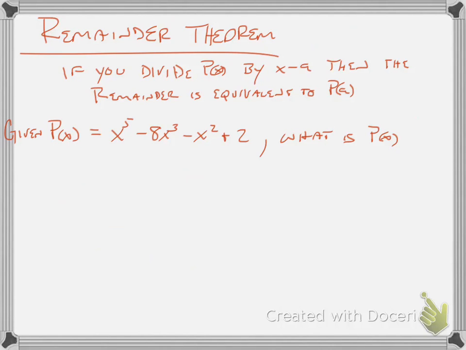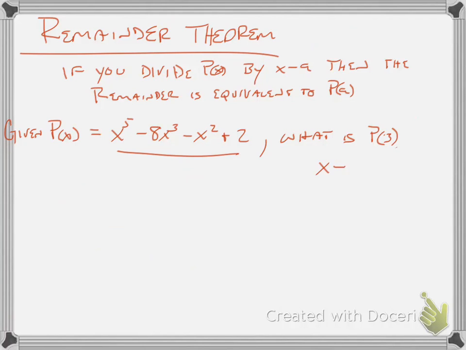So in this case, I'm given this polynomial x to the 5th minus 8x cubed minus x squared plus 2, and I want to find p of 3. Well, using the remainder theorem, if I divide this polynomial by x minus a, let's make this a 3, that means I'm going to divide it by x minus 3.